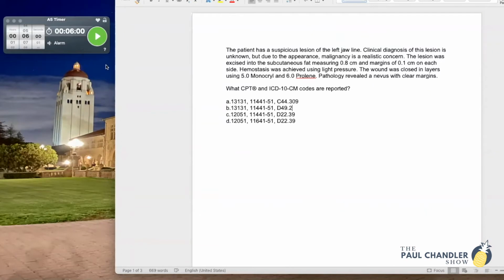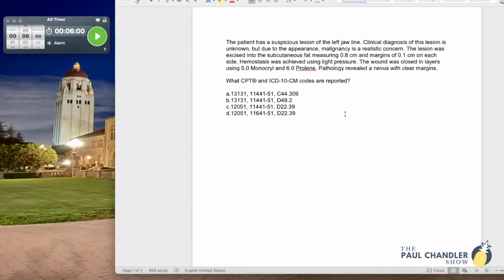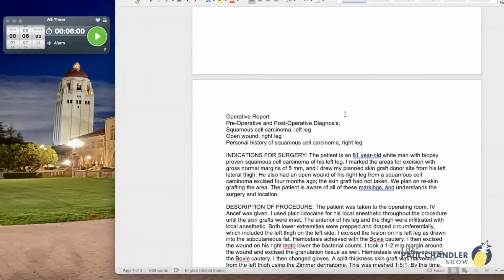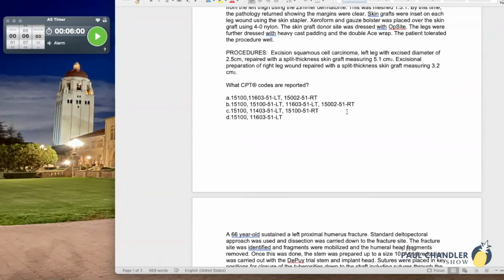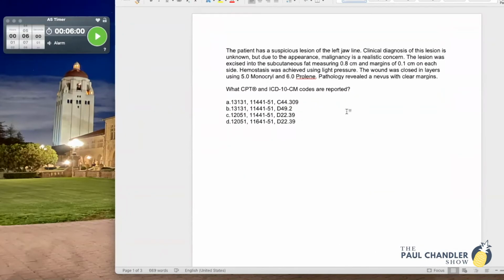Here I have Microsoft Word, and you can see there are red wavy lines under some words. That's because they're big fancy medical words. Here I have 3 different questions on my screen, 1, 2, and 3. There's 1 question on each page. Once I hit the timer start button, which is preset to 6 minutes, I'm going to be working each question, showing you how I would, quote unquote, attack the question.